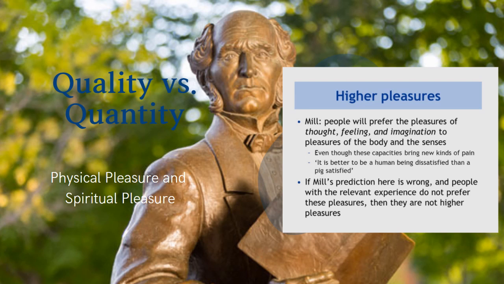Even though these capacities bring new kinds of pain, it is better to be a human being dissatisfied than a pig satisfied. So the happiness that we have to achieve is not about sensual desire, but those higher pleasures, which are more than sensual satisfaction, no?